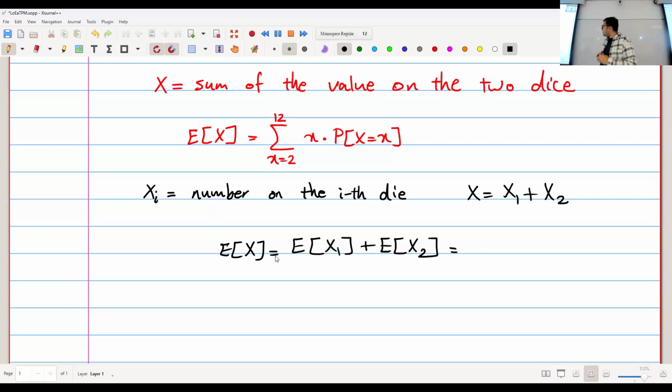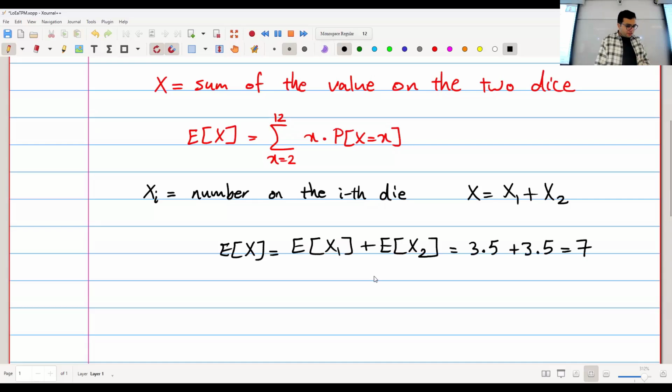So even if my variables are not independent of each other, suppose that somehow I have tied the 2 dice together so that they always show the same number, right? So my 2 dice are not independent of each other, but each one of them is fair on its own. Then still I would have the same thing. Okay, so this is just 3.5 plus 3.5, which is hopefully 7.